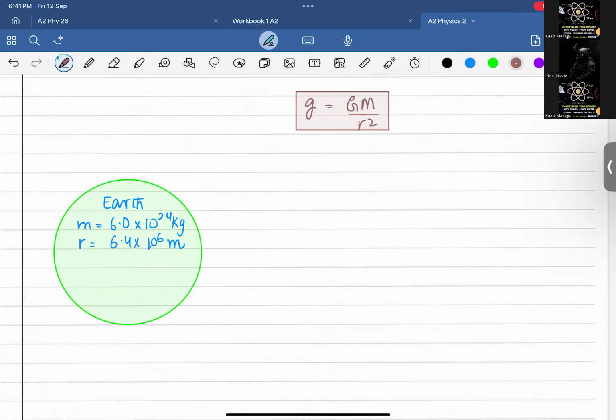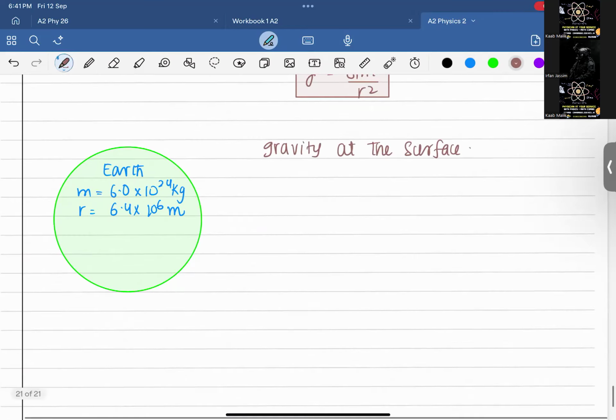So how will it be? You just need to use g = GM over r squared.